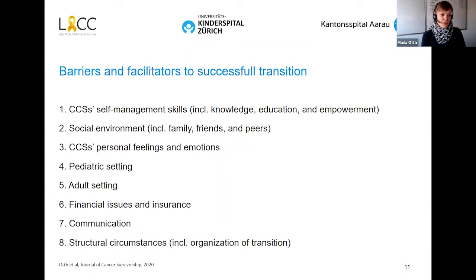The same is true for the social environment, but also the survivors' personal feelings and emotions. Differences in the pediatric or adult setting can have a positive or a negative impact on transition. As already mentioned by Gisela, financial and insurance issues are important. Again, communication, and then also different structural circumstances.